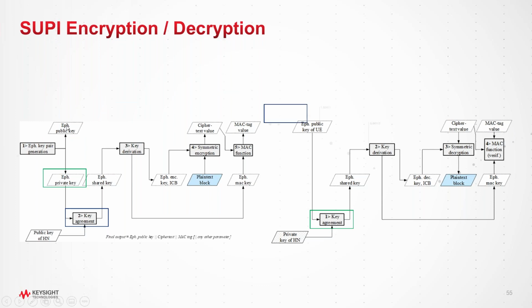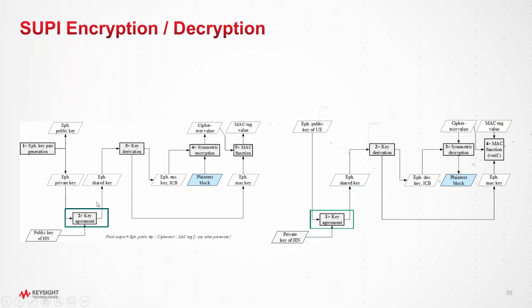Now, this public ephemeral key that was generated on the fly is sent over to the home network, and that we saw again was in the SUCI, that ephemeral public key, right? And what that does to this section here, it's essentially able to undo what this private key did over here on the left side.